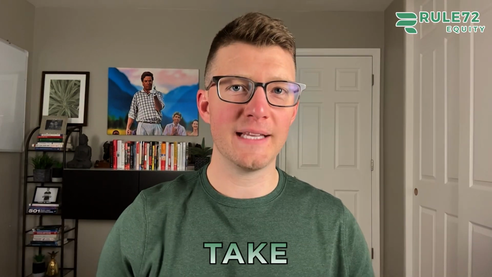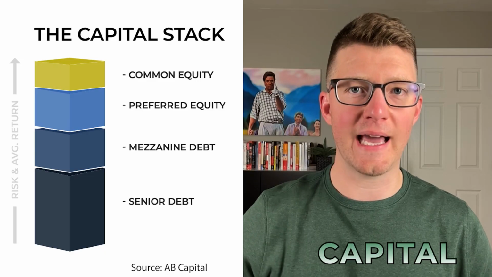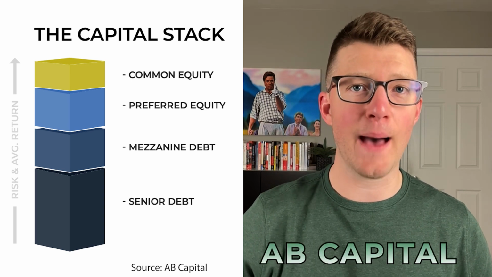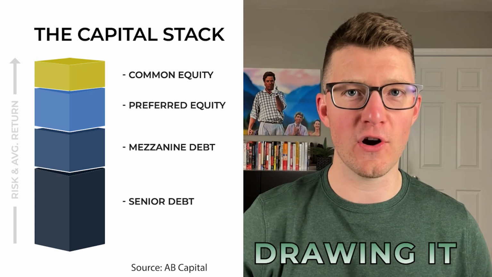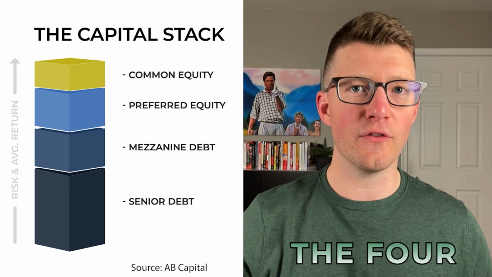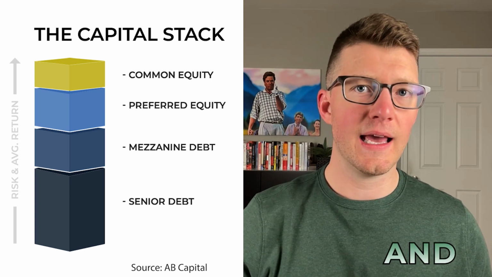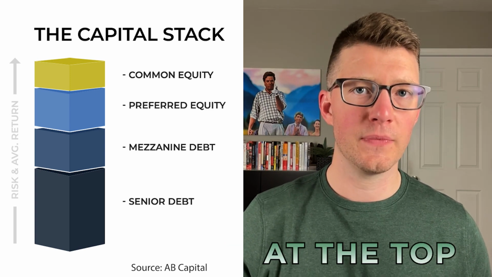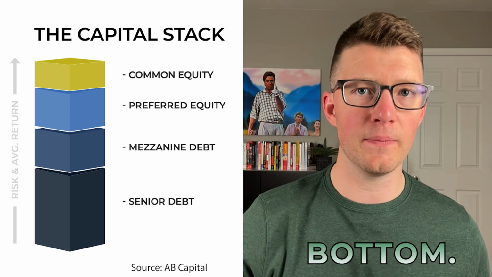So to recap, take a look at this chart to help illustrate the capital stack. First, I want to be sure to give credit to AB Capital for creating this, so thank you for drawing it up. You can see here the four layers we discussed, and the way you should be thinking about this is highest risk capital at the top to lowest risk capital at the bottom.